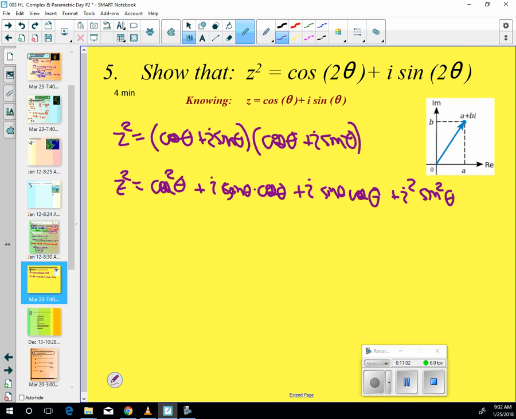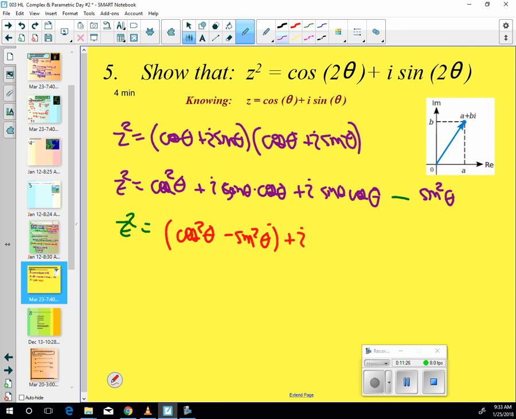And what was I squared again? Negative 1. So that is going to be the same as minus sine squared. Grouping those together, I put the cosine squared and the minus sine squared theta together.